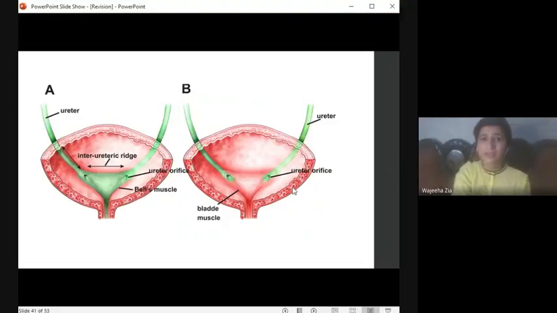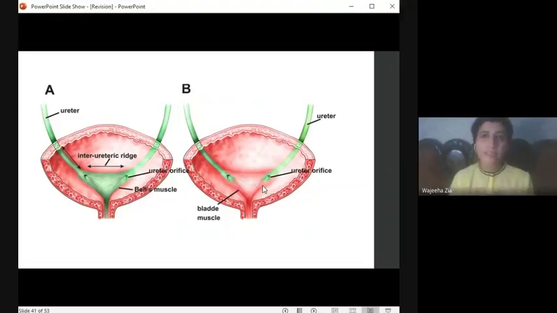This triangle is responsible for stopping the urine from going back to the ureter and kidneys. You can see it is not entering at a 90 degree angle. The ureters enter the bladder at an angle, and then they enter the trigone at a specific angle. So you can see this trigone and these are the ureters.